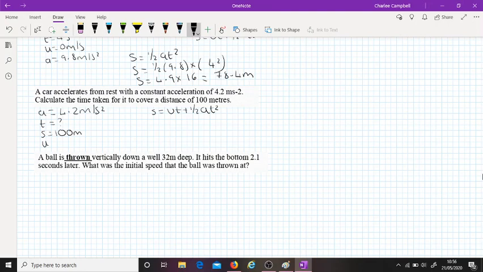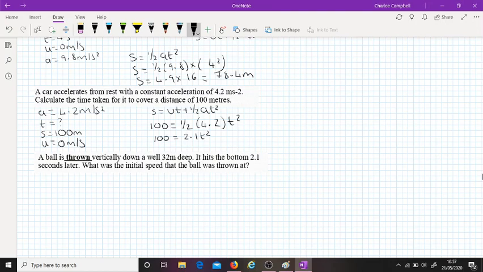U, where it says in the question it accelerates from rest, so its initial speed is 0. So we can say 100 equals, and then 0 times t is obviously 0, half times a, which is 4.2, t squared, because we don't know t. Half of 4.2 is obviously 2.1, so we end up with 100 equals 2.1 t squared.